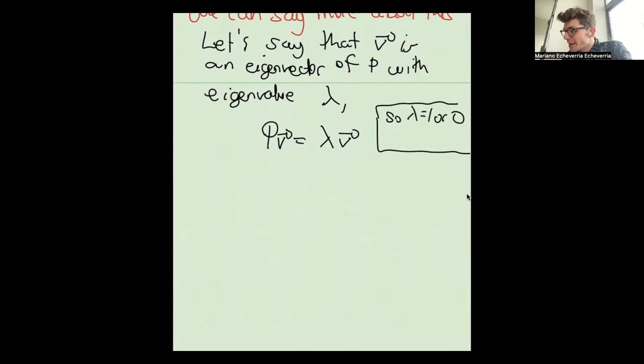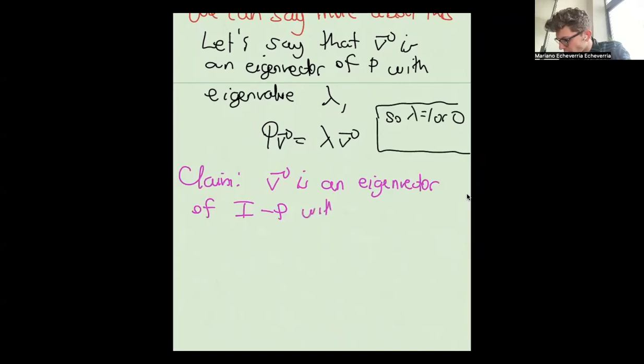So my claim is going to be that V is going to be an eigenvector of I minus P, the identity minus P, as well, with eigenvalue. What do you think the eigenvalue should be in this case? If you had to take a guess.